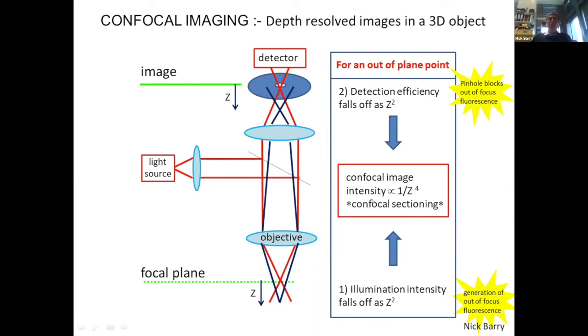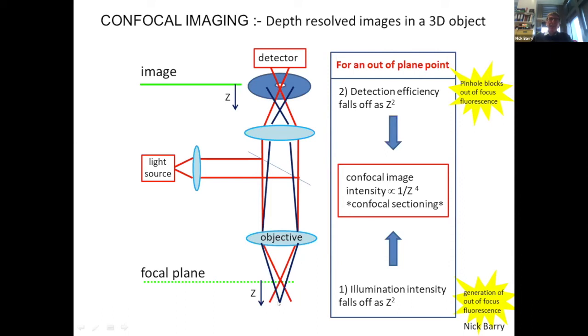So that's what really gives you this strong sectioning idea, the idea that you can get a single slice out of a three-dimensional object. So here, conceptually, we've got this point here, the image to the point there, and it goes through the pinhole onto the detector.